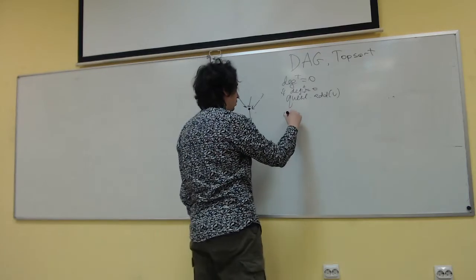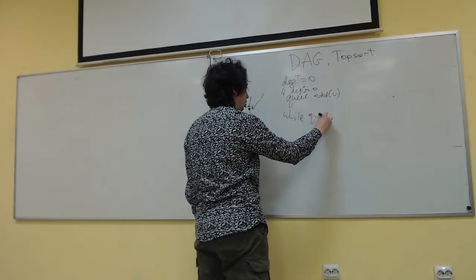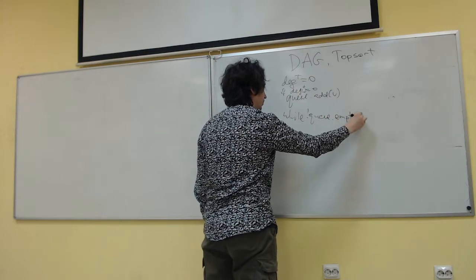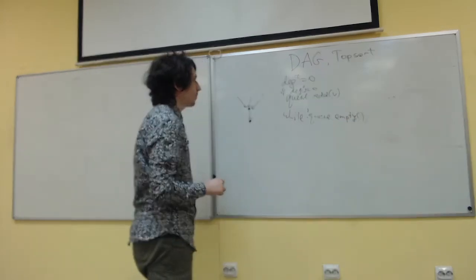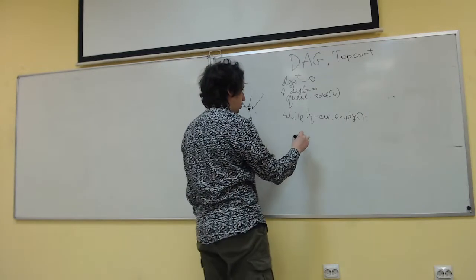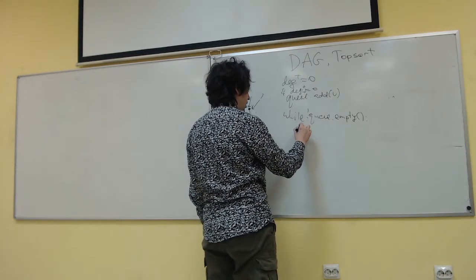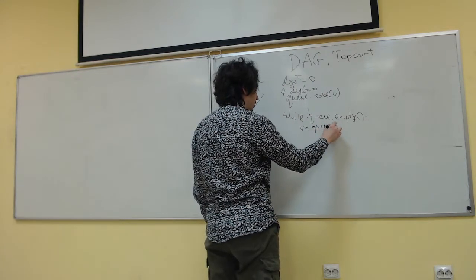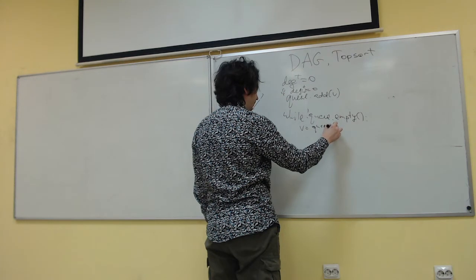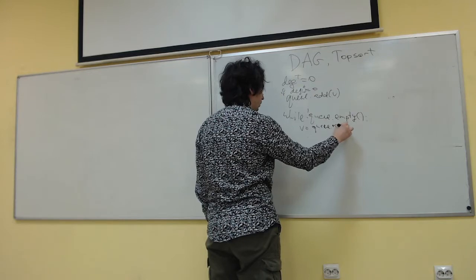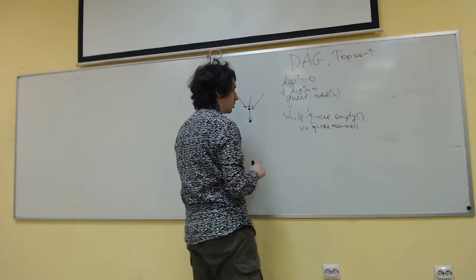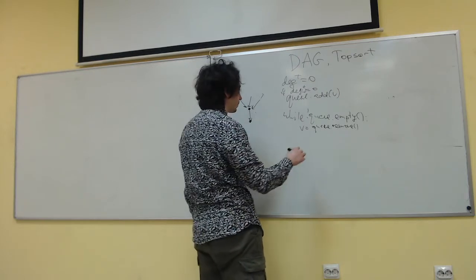Then, while Q is not empty, we will do the following. We take V equals Q dot remove. I forget what is the right name. This returns the first element in the queue.